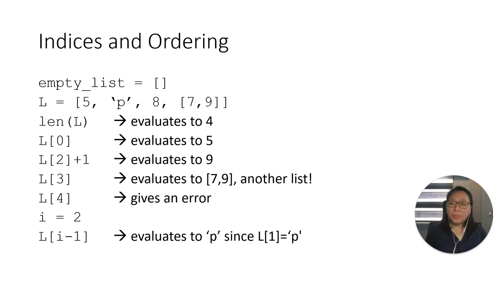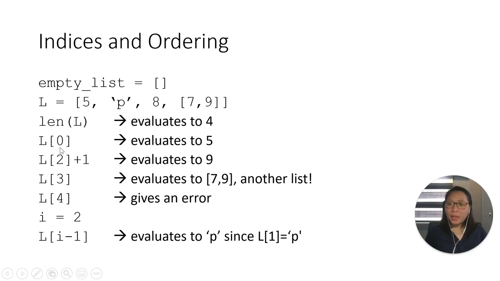The second element is string P. Third element is an integer 8. And the fourth element is a list that contains 7 and 9. If we want to get the number of elements in the list, we again use the len function, and in this example, this evaluates to 4.